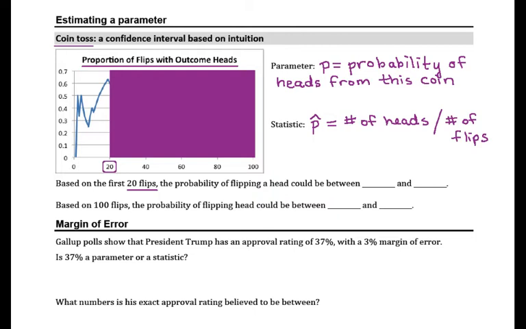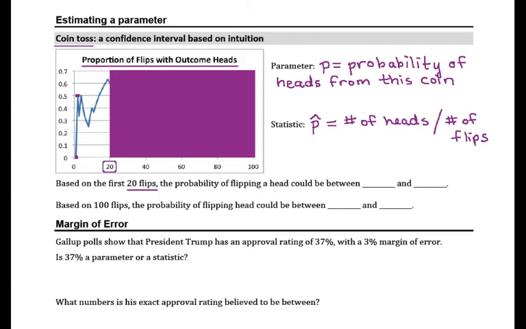What we can see in this graph is that at one flip, our sample proportion is 0, which means that our first flip was a tail. Our second flip must have been a head, since that brought us up to 0.5, so that out of 2 flips we got 1 head. And then it starts jumping around a little bit.